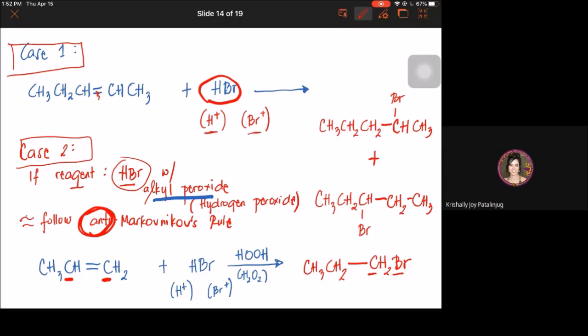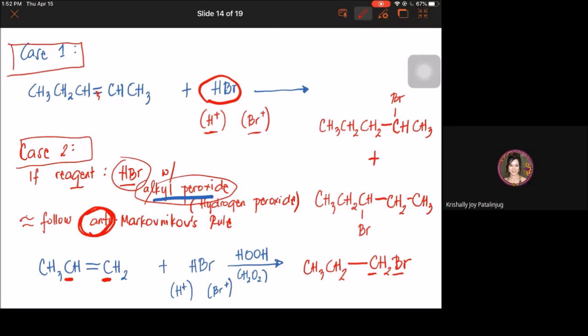In order for you to predict the major product, okay, if wala kay makita nga alkyl peroxide, normal lang nga addition nga hydrogen, hydrohalogen. Okay, so ang major product, you can predict that via following the Markovnikov's rule. Kung asa mas daghan nga hydrogen substituent, nga double bond carbon, doon papunta yung hydrogen.